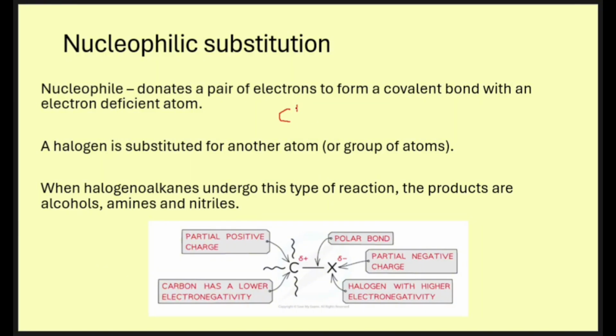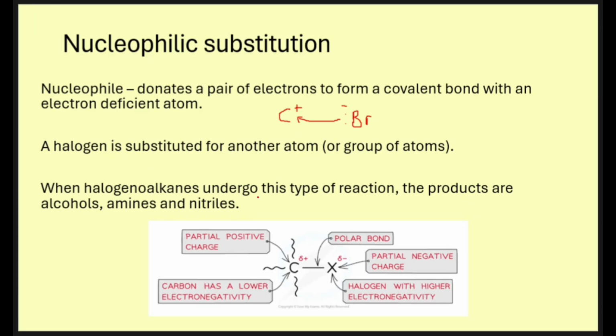So on a chlorine, the positive is drawn. We have a halogen ion, bromine. We always go from negative to positive, and it's drawn to this positive carbon here, and it forms a covalent bond by donating its electrons.